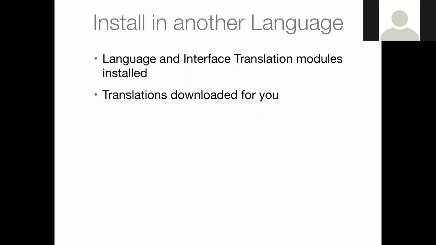This is a great option if you want a website in a language other than English, so a French-only website, a Spanish-only website, basically any monolingual website. It's also a good option if you want to have many languages, but you want the default language to be something other than English. You can start off with the website in whatever language you choose, and then add other languages as you need.